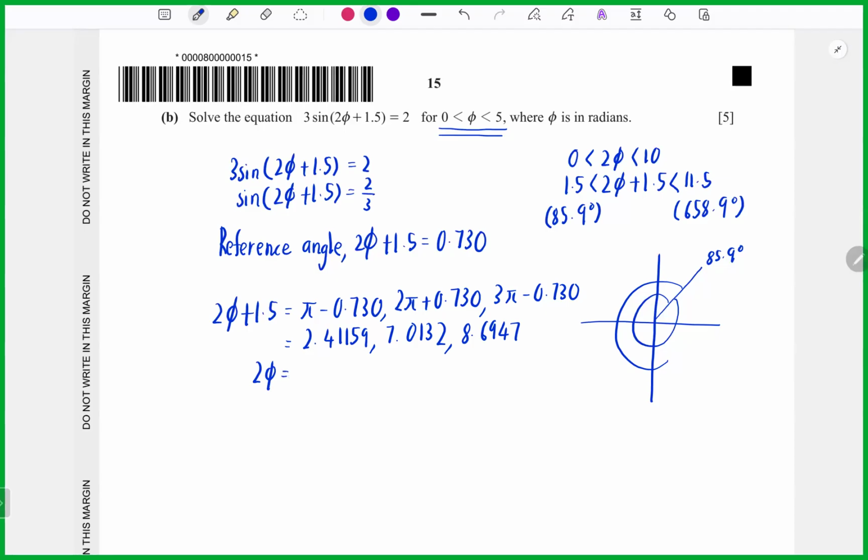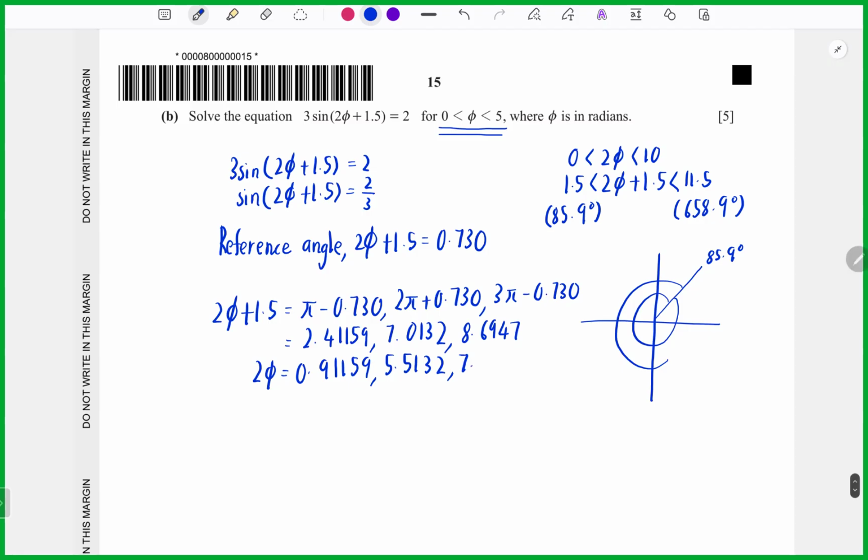Okay, so minus 1.5, 1.870132, 5.5122, 8.69, minus 1.5, 7.194.